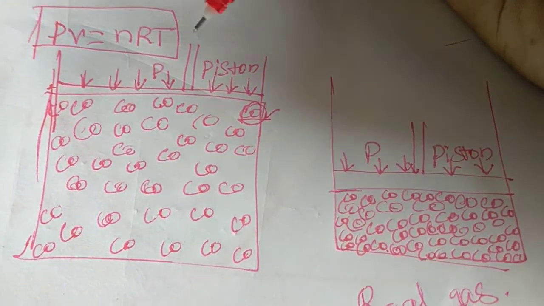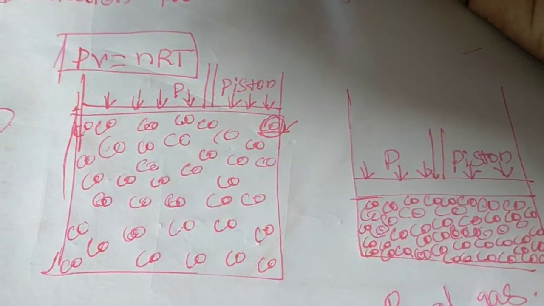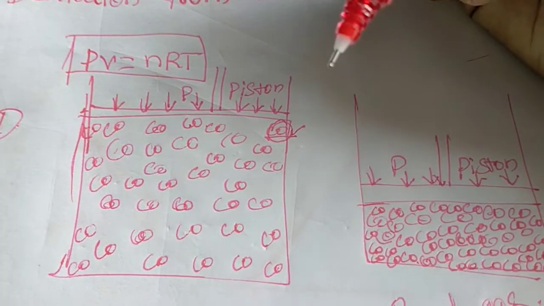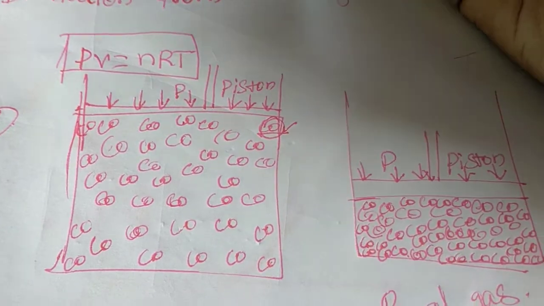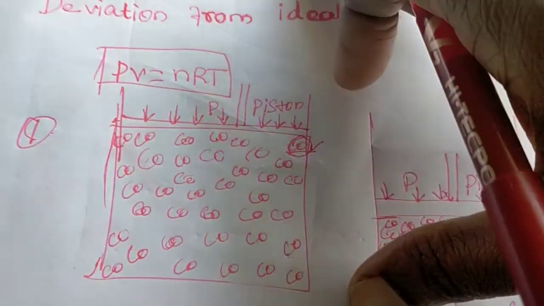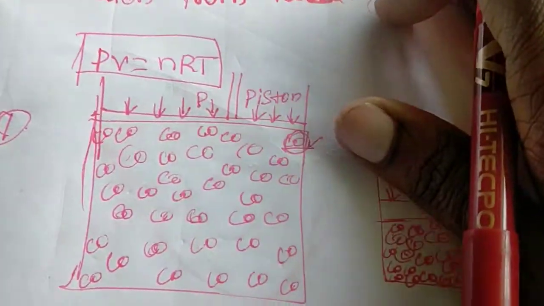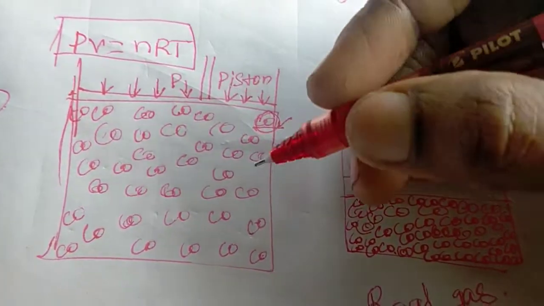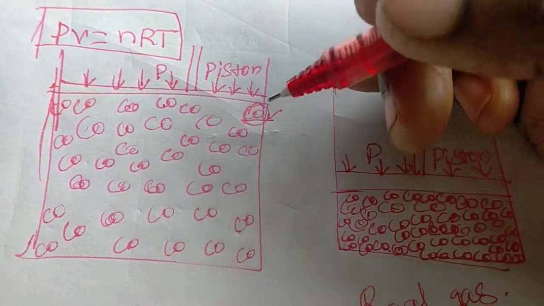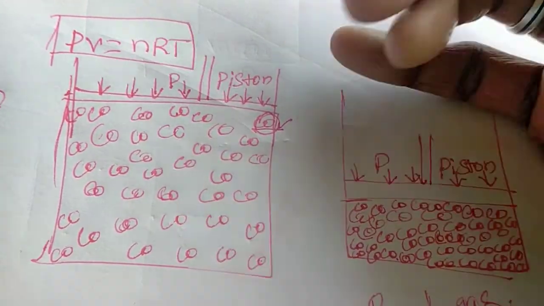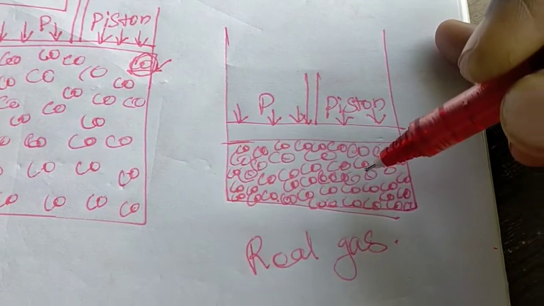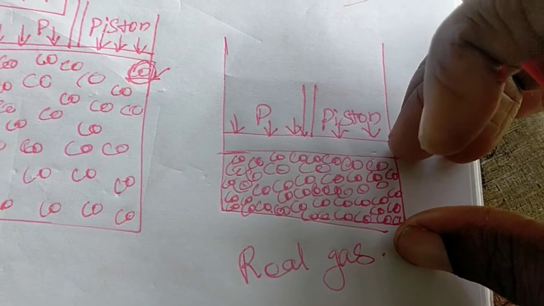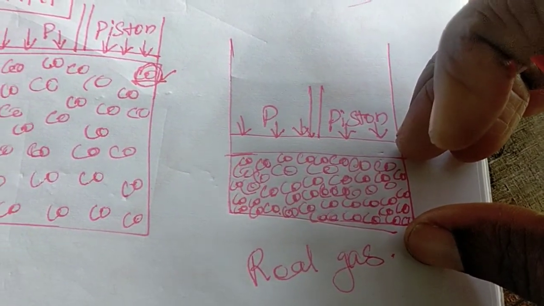Now because of decreasing the pressure, or minimum pressure, the volume is increasing. So you can understand the pressure and volume relationship. When increasing the pressure, the volume of the vessel or the container is reduced.